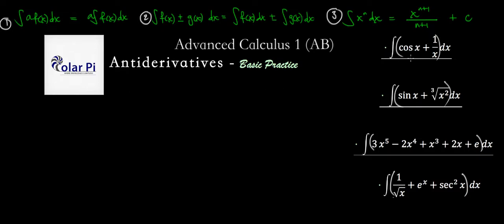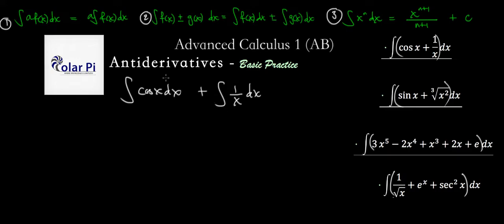So with this guy, we first use property 2. Using property 2, we could write it as the integral of cos x dx, and then plus the integral of 1 over x dx. And remember, I forgot that you know how to quickly exchange between the word antiderivative and indefinite integral.